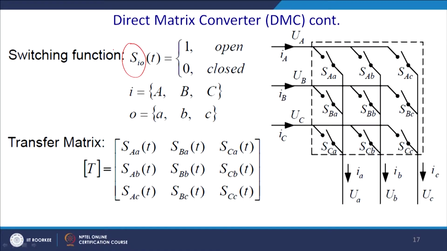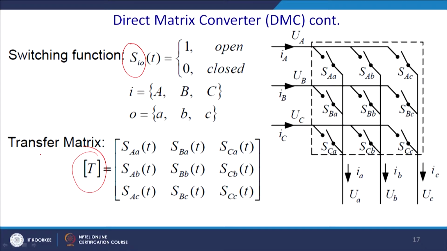Let us see the switching functions. This is the input to output. If it is 1 it is open and if it is 2 it is closed. The capital letters are for the input, and the lower small letters are for the output. Now, this is the transfer matrix.